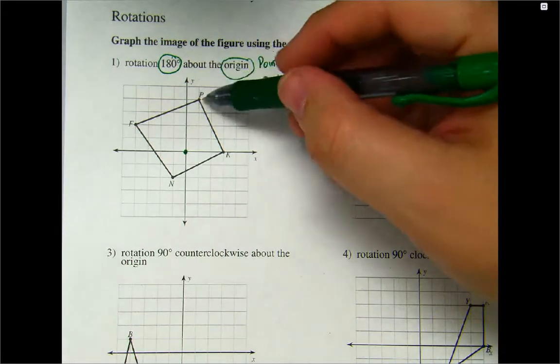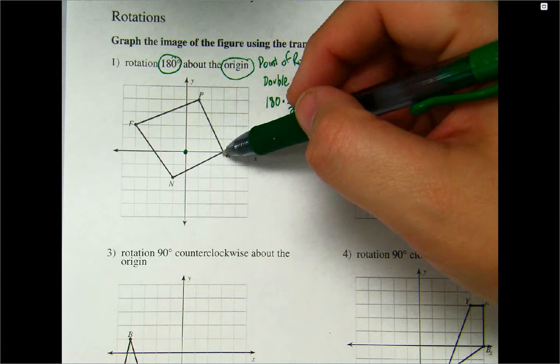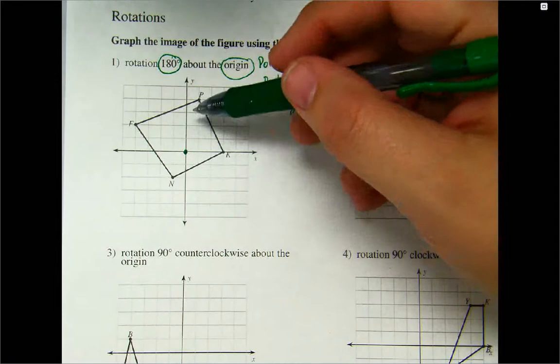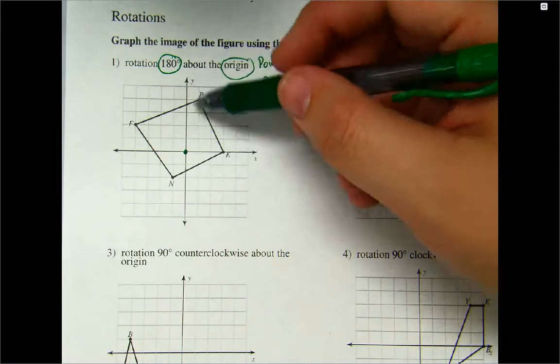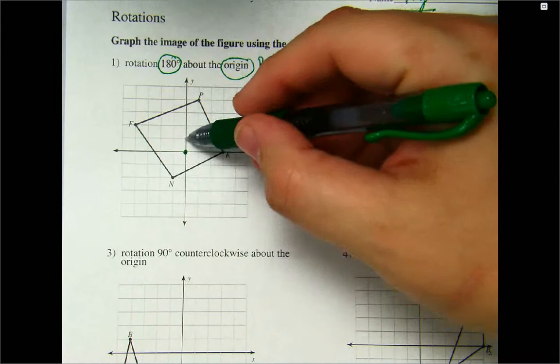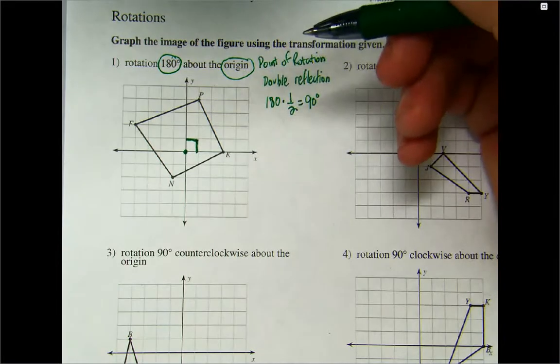So now what I have to do is take every point and rotate it 90 degrees, which means I have to put this through these two lines. And that's going to be 90 degrees.